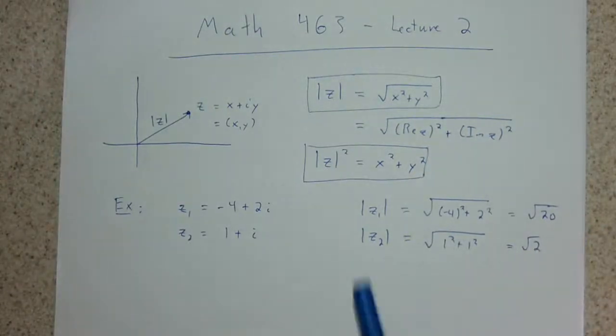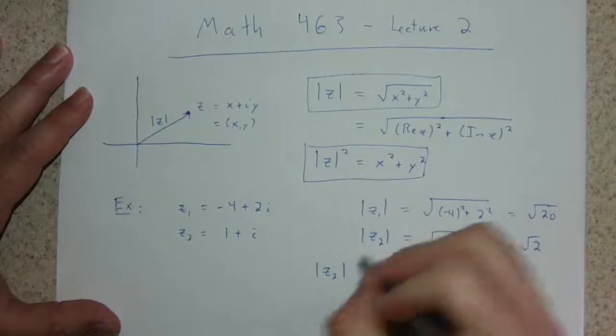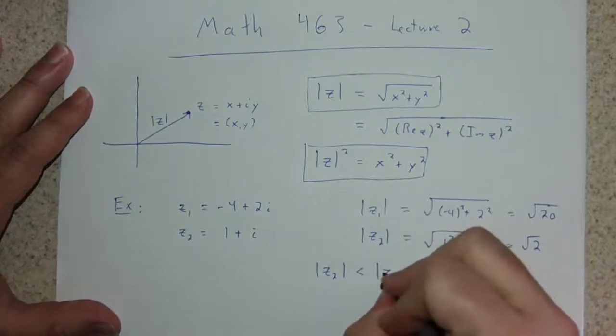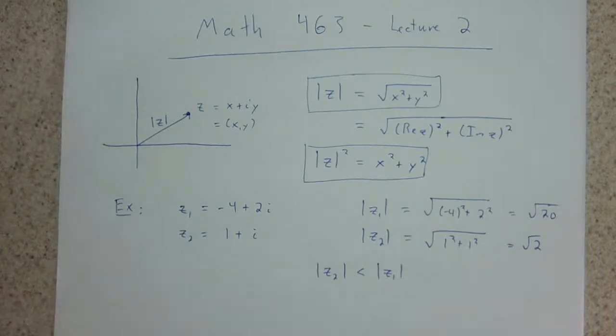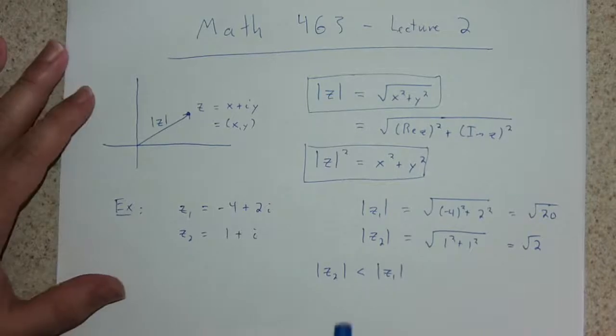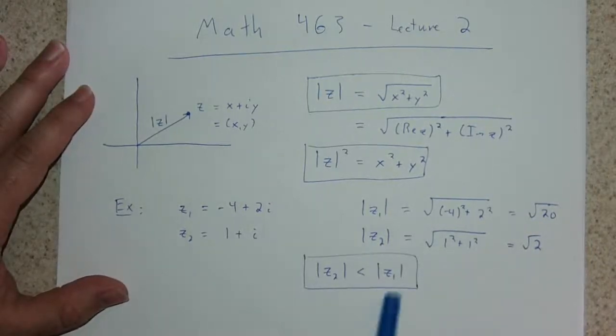The modulus of z sub 1 is larger than the modulus of z sub 2, right? So I can say that. While it doesn't really make any sense to say the complex number z sub 1 is larger than the complex number z sub 2, we know that doesn't make sense for ordered pairs, I can say this. And what does this mean?